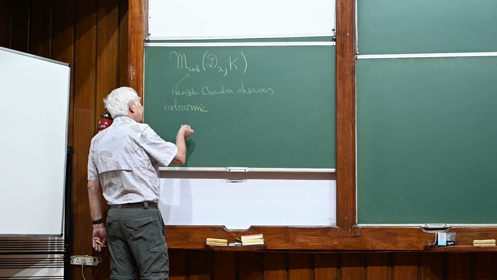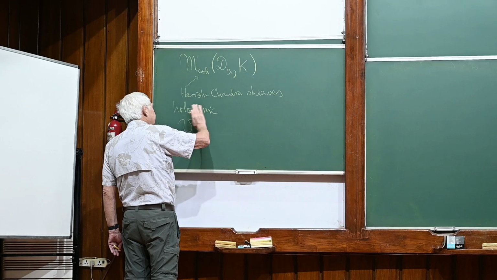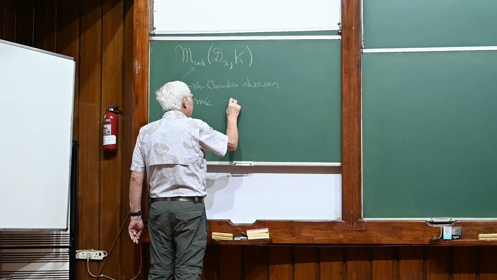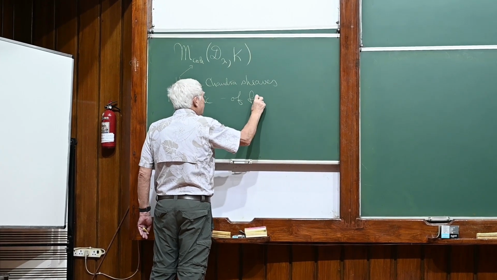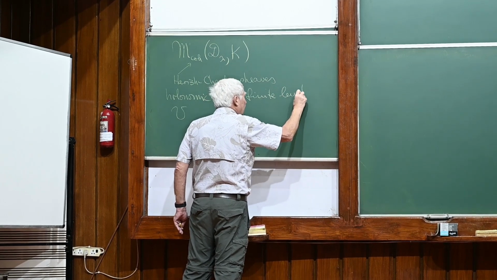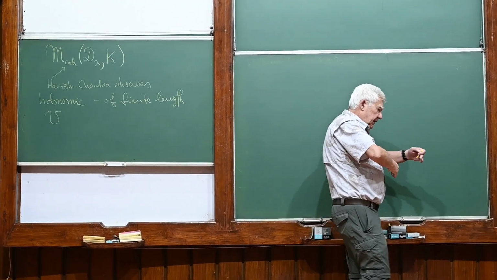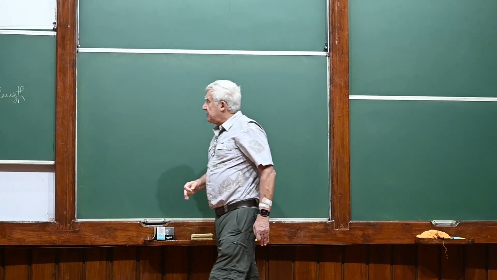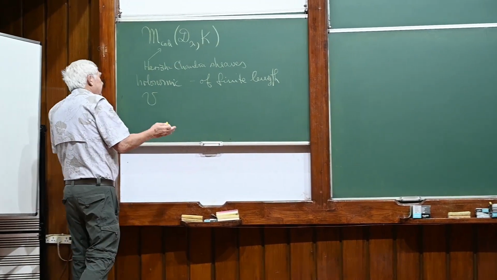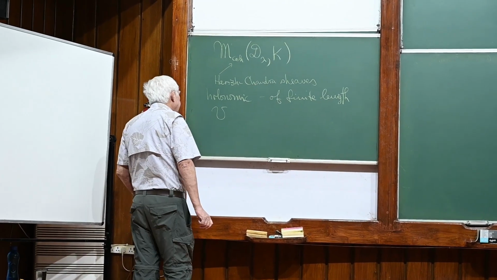First of all, I sketched the idea why holonomic modules are of finite length, so they have finite composition series such that subquotients are irreducible. If we understand irreducible objects, we know a lot about holonomic modules.